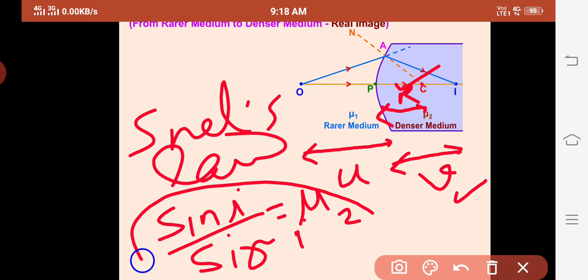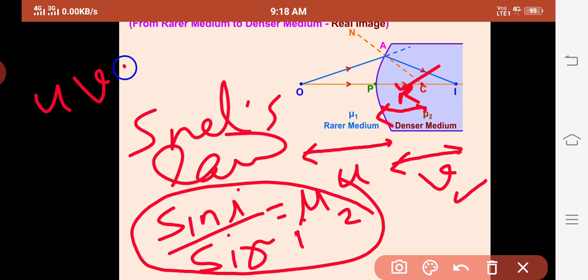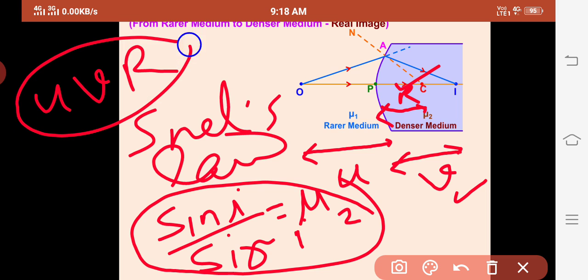With the help of this formula, we are going to find the relation between u, v, and R. Okay, so let us start.